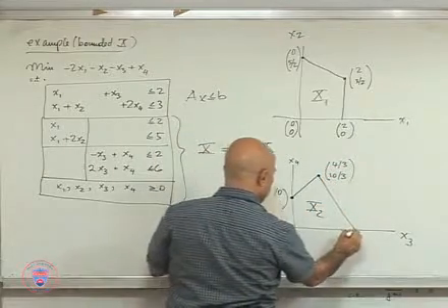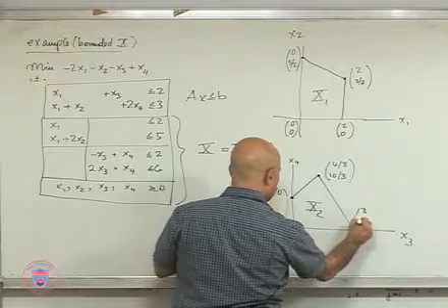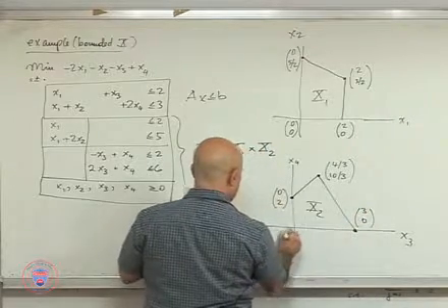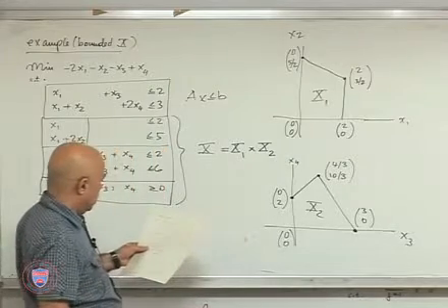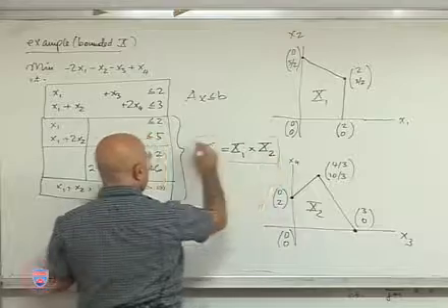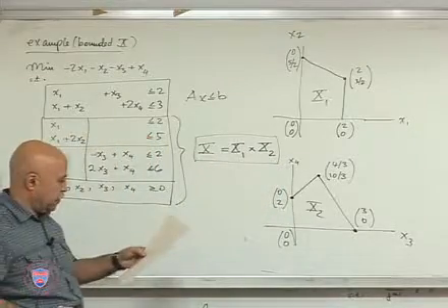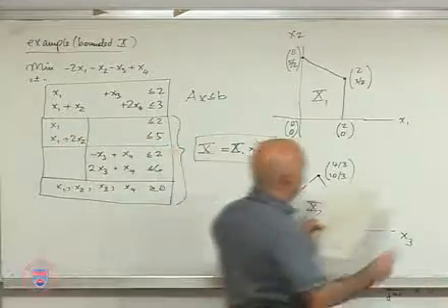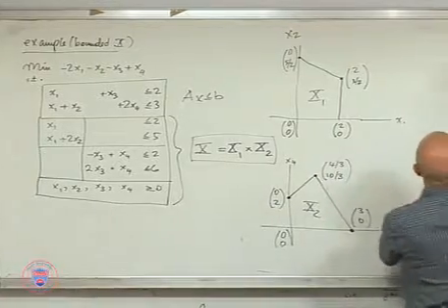And this point is 3 and 0. This is 0, 0. Okay. So X is the cross product of these two feasible sets. And the master problem in this case is the following.